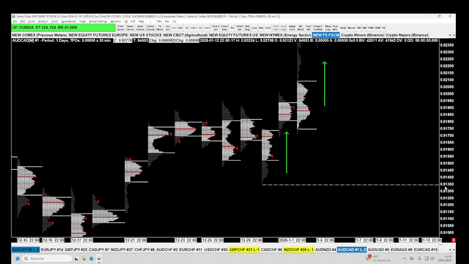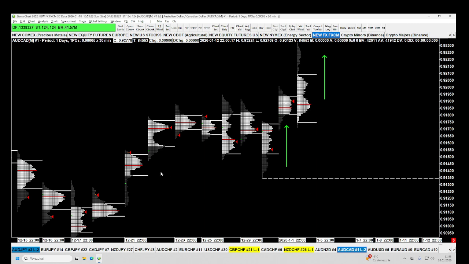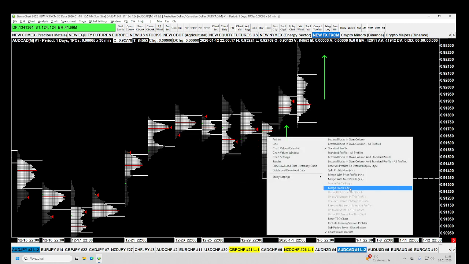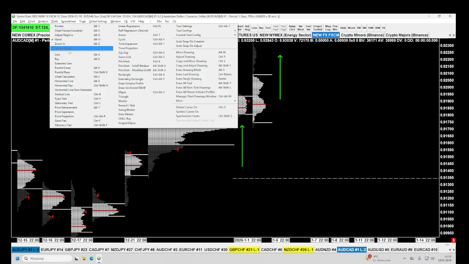So what happened here, very similarly to the previous ones, we had a single breakout day to the upside, followed by a day from which we can see that the value area from those days was overlapping. So I'm merging all of those days.